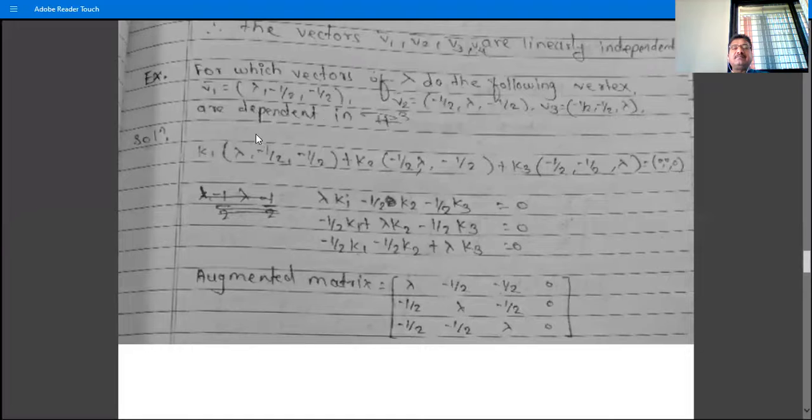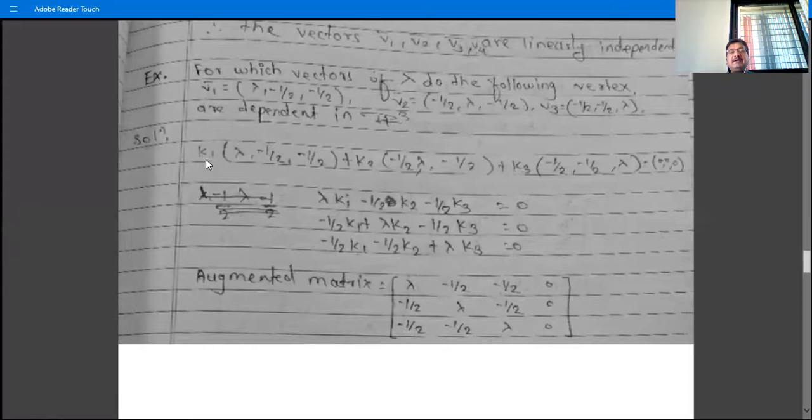Let K1, K2, K3 be scalars such that K1 V1 plus K2 V2 plus K3 V3 is equal to 0 bar. Write that sentence first. Then write the values of V1, V2, V3 and 0 bar as 3-tuples, and apply the definition of scalar multiplication and vector addition.